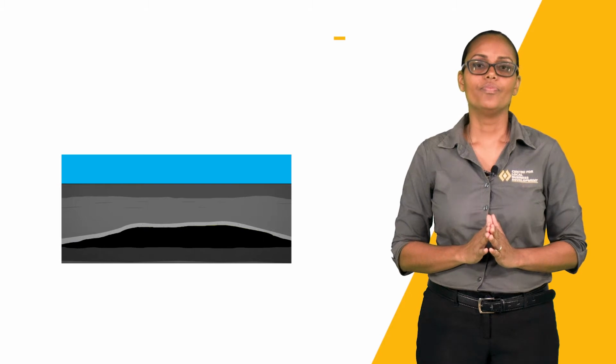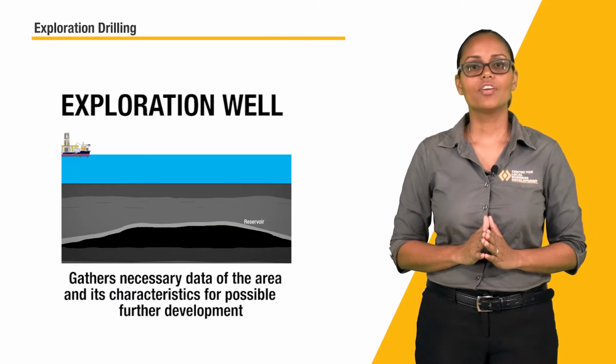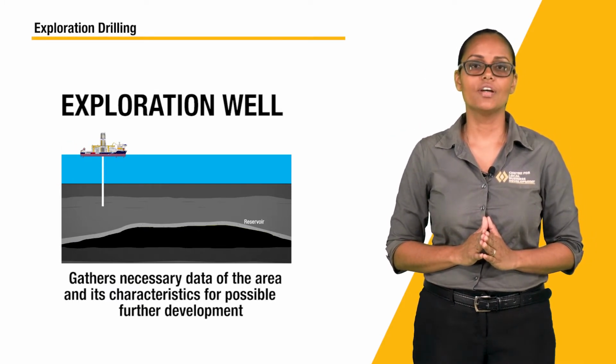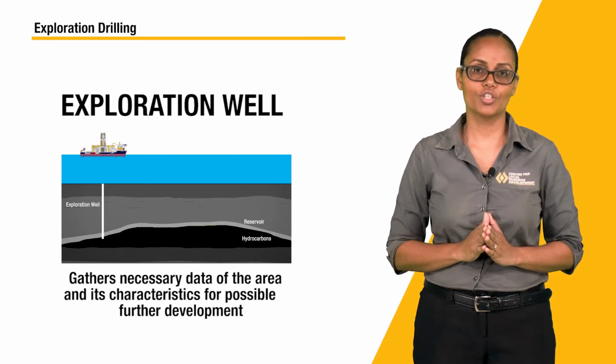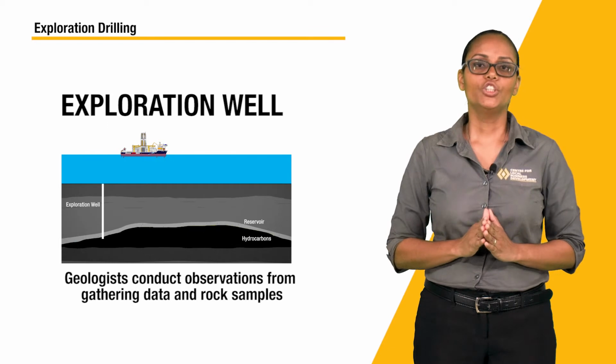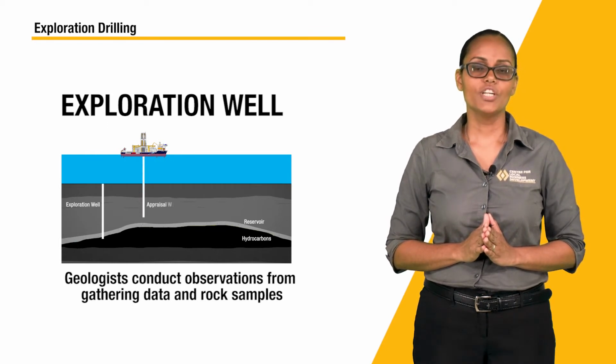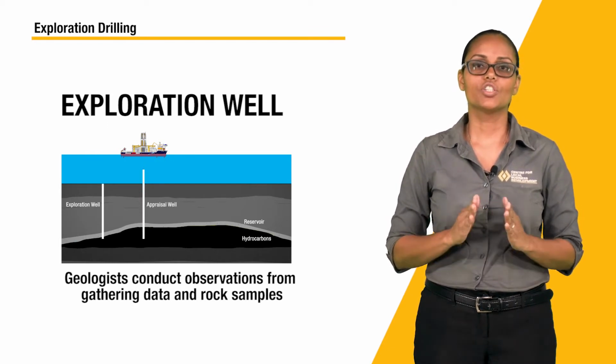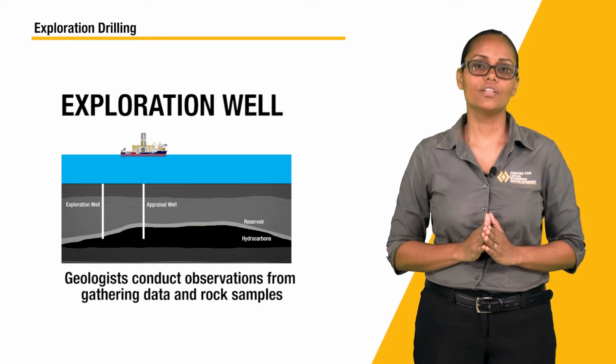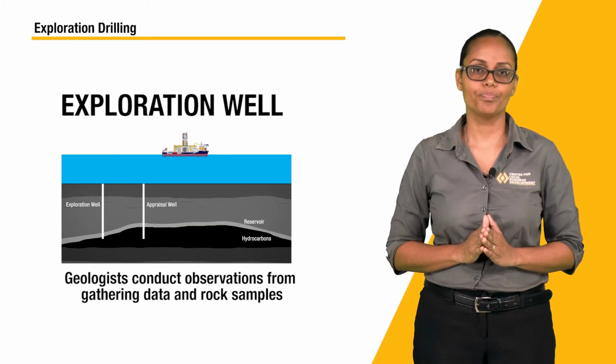The objective of exploration drilling is to confirm or refute the hypothesis that hydrocarbons are present. Oil versus no oil. An exploration well gathers additional necessary data for a better understanding of the area and its possible future production output. Geologists conduct direct observation from rock samples such as cuttings and cores taken during the drilling of the well.